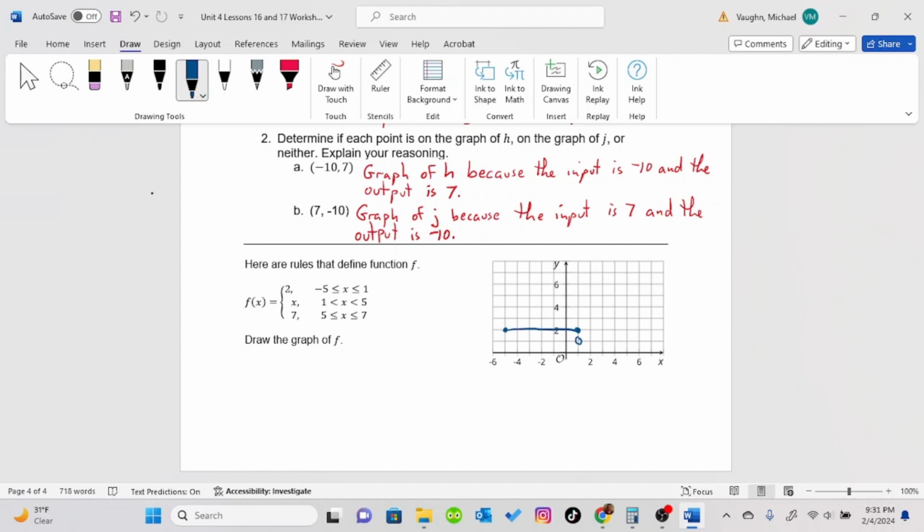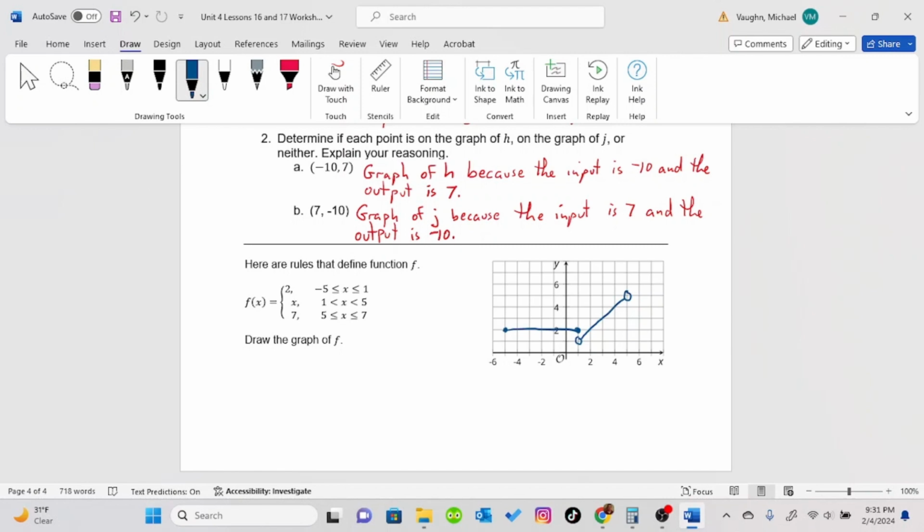I want a hollow point at x equals 5, y equals 5, because that is not included. And then I want the line that connects them. That shows the middle rule.